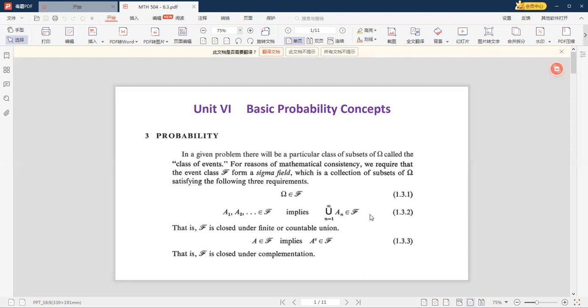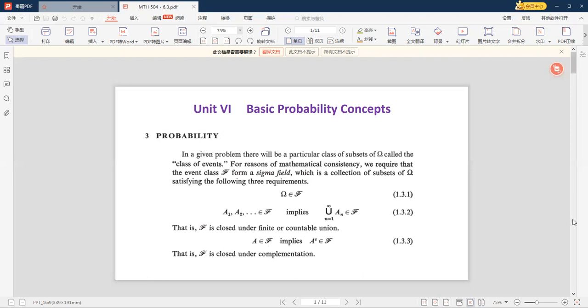So that's the second property, and this third property means the complement of an event in this field is also in the field. So this field is closed under complementation.